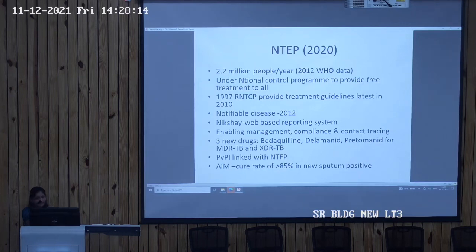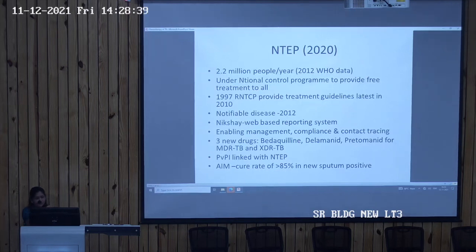And under the National Control Program, the aim is to provide free treatment to all. Okay, once you have diagnosed, free treatment will be given to the patient. And in 1997 the National Tuberculosis Control Program was launched, and it also provides the treatment guidelines, which were latest revised in 2010.